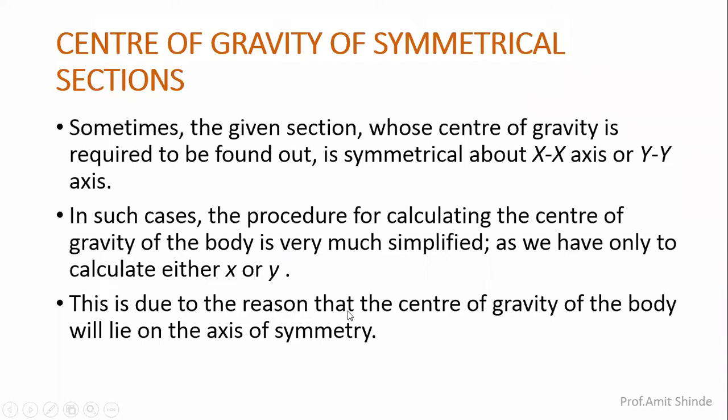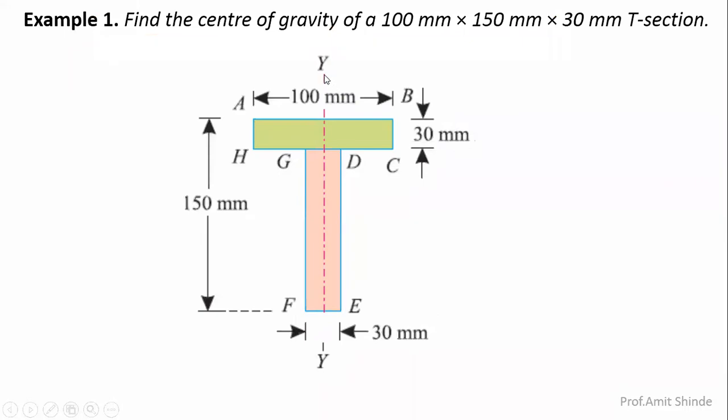It is due to the reason that the center of gravity of a body lies on the axis of symmetry. Now, if you see this figure, this T shape is symmetrical about the y-axis. It means that the center of gravity of this figure lies over this y-axis.